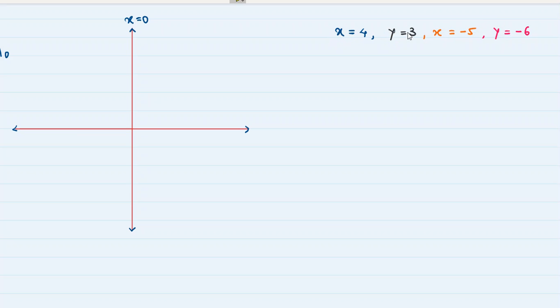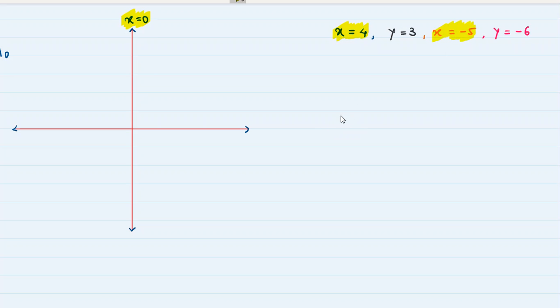Now out of these 4 equations which you see, which equations are in the form x is equal to a? Which equations are similar to the equation x is equal to 0? One of the equation is x is equal to 4 and the other equation is x is equal to -5.